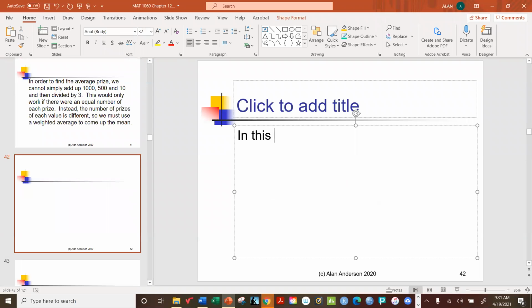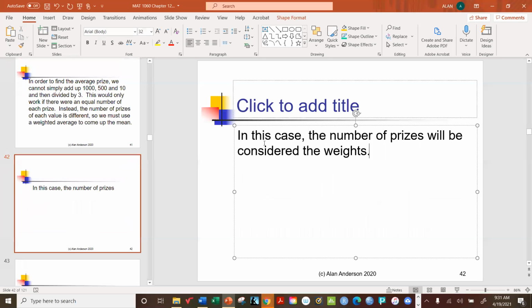Here, in this case, the number of prizes will be considered the weights. It doesn't have to work that way, but this is one way we can come up with weights.